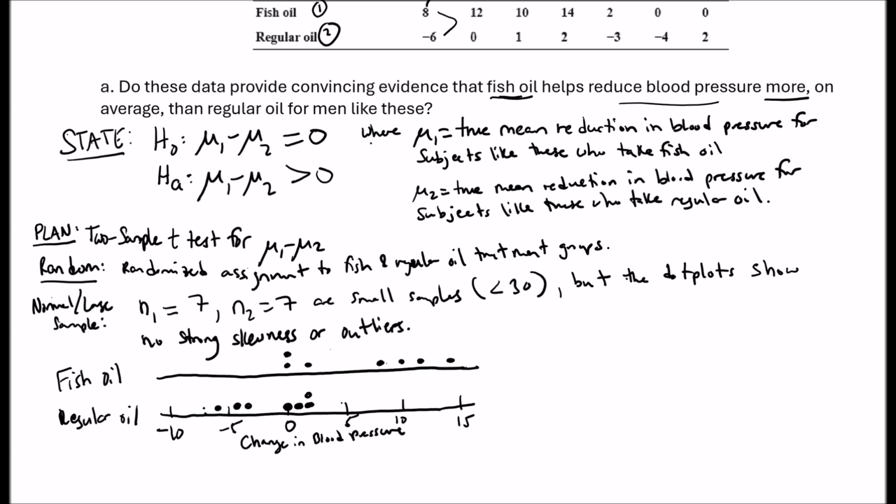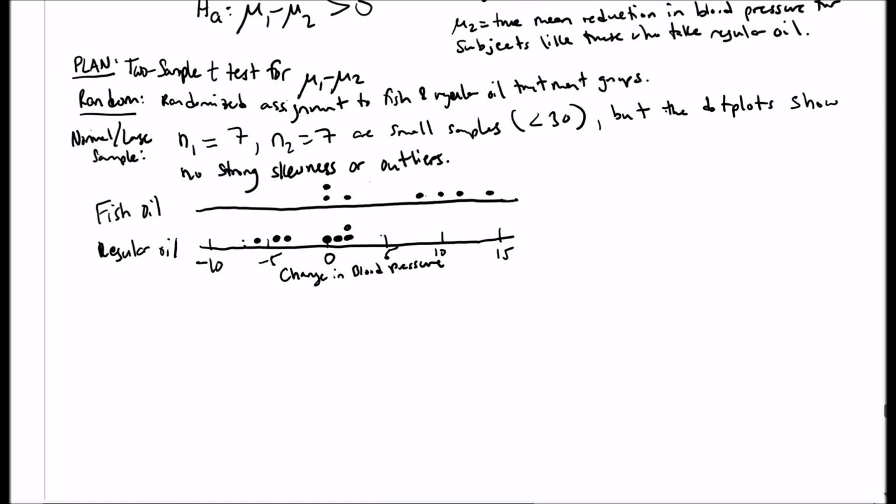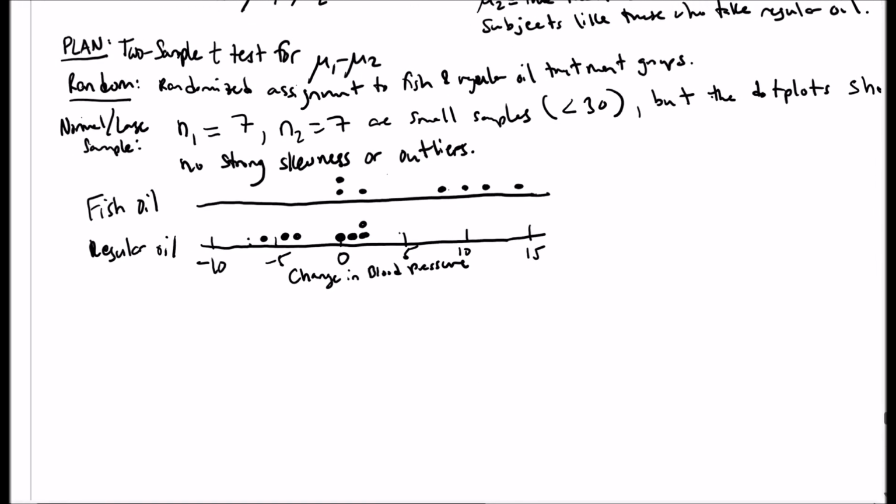Okay. All right, so then you can see there doesn't appear to be any strong skewness or outliers here based on the two dot plots. So we can go ahead and proceed, which we knew was going to happen. And then let's take a look at the do stage.